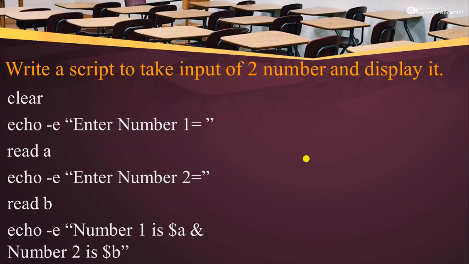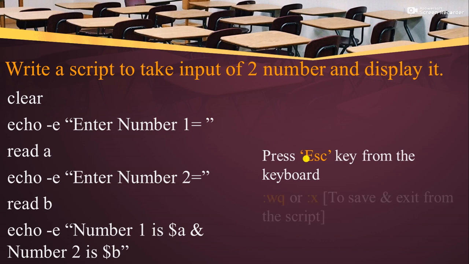After we complete our script, we will exit from the insert mode by pressing the escape key on the keyboard, and then we will save and exit the script by :wq or :x. After that we will see our final output.